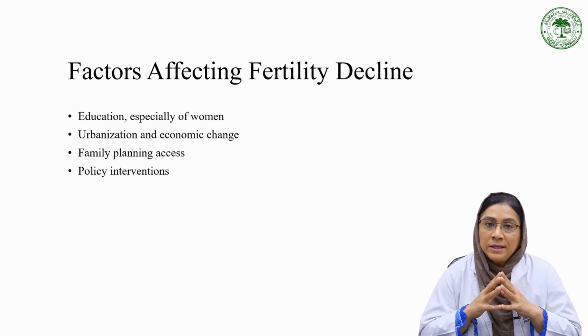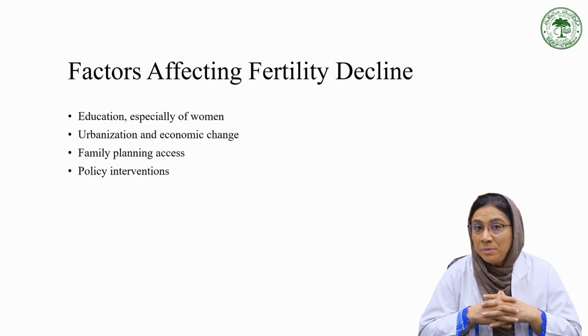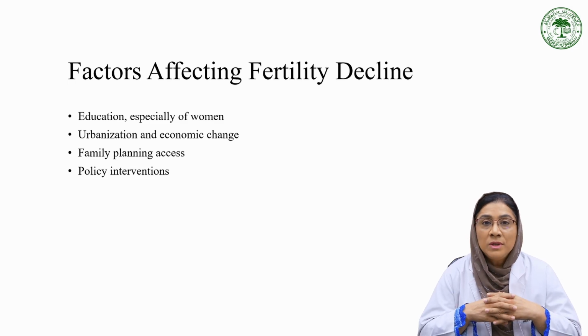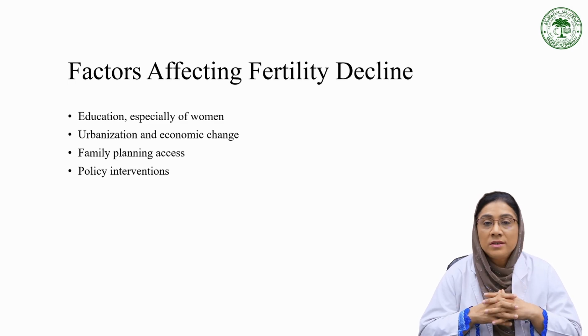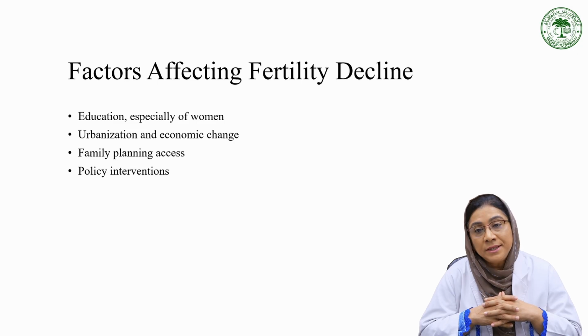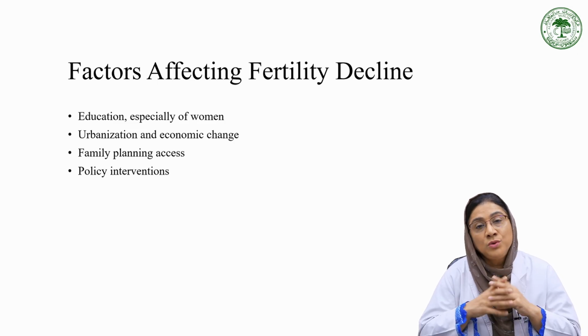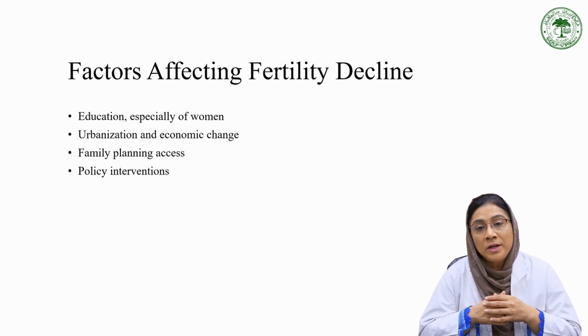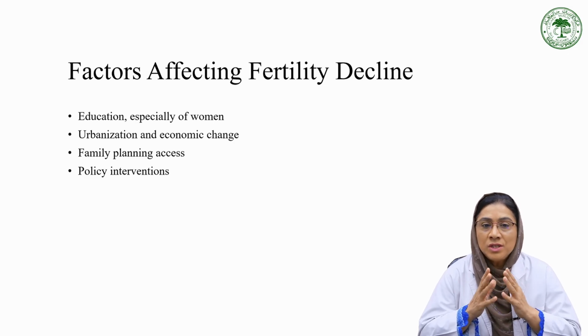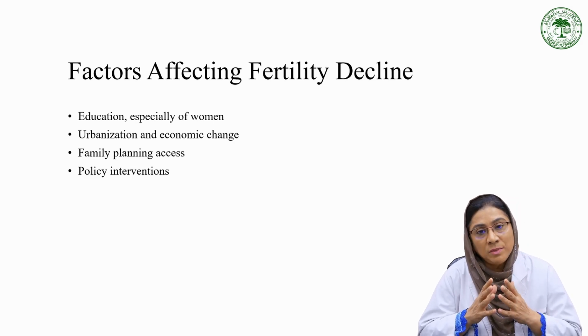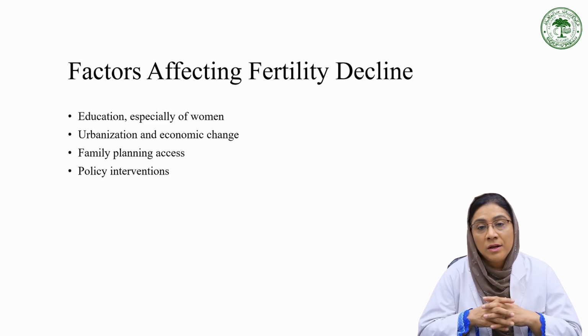Fertility decline in India has been driven by multiple factors. Women's education is the strongest determinant, as literate women marry later, use contraception, and prioritize fewer children. Urbanization changes the economics of childbearing, making large families less viable.